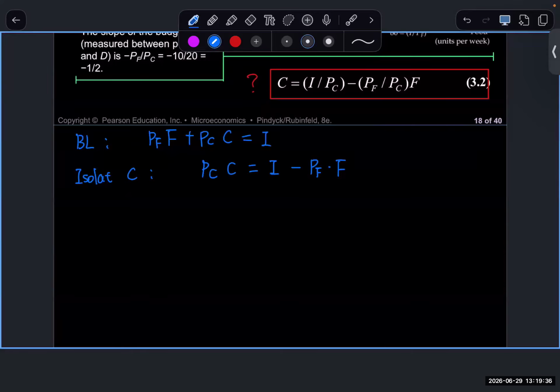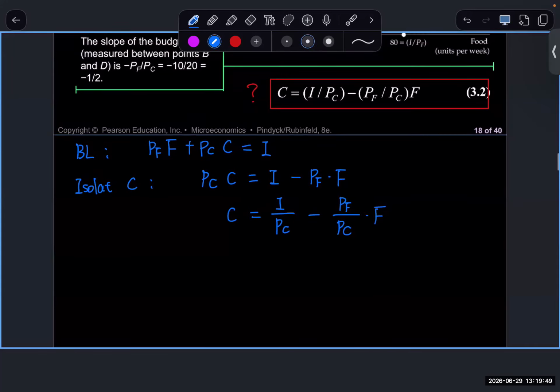Because we want to isolate C. So next one, C equals I over PC minus PF over PC times F, okay? This is equation 3.2. It's just the budget line solved for C, like Y equals B plus MX, okay?